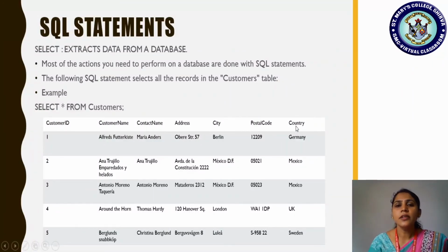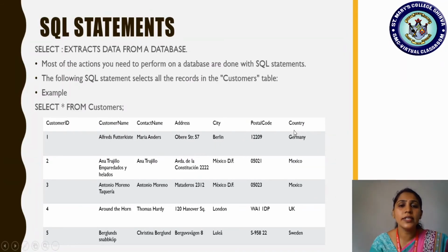From the Country column, which values do we find? Germany, Mexico, UK, and Sweden. So which is duplicated? Only Mexico is repeated in this column. Germany appears only one time, but there are two customers from Mexico. Here Country is not a primary key or unique attribute.